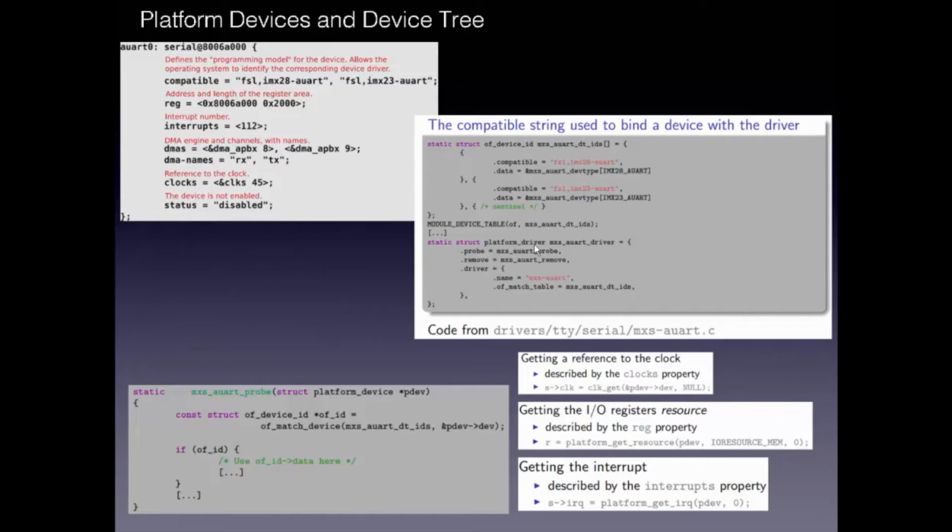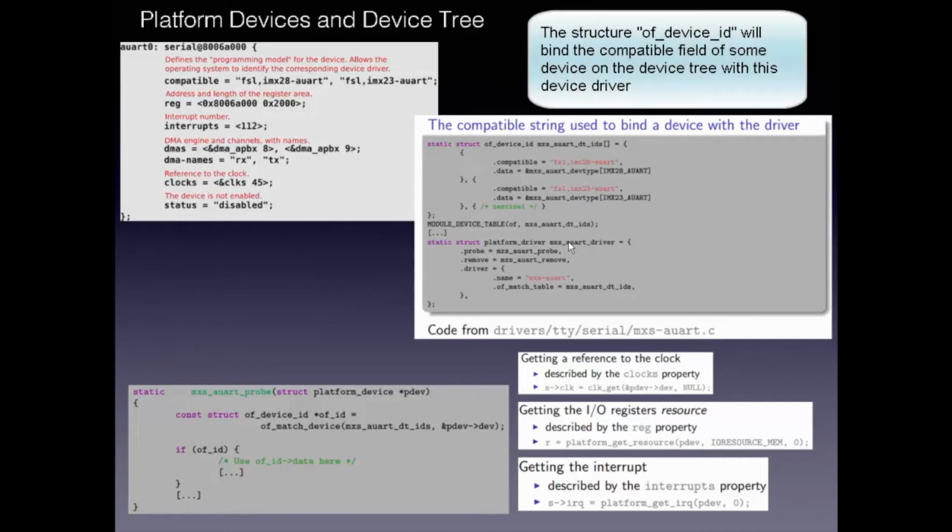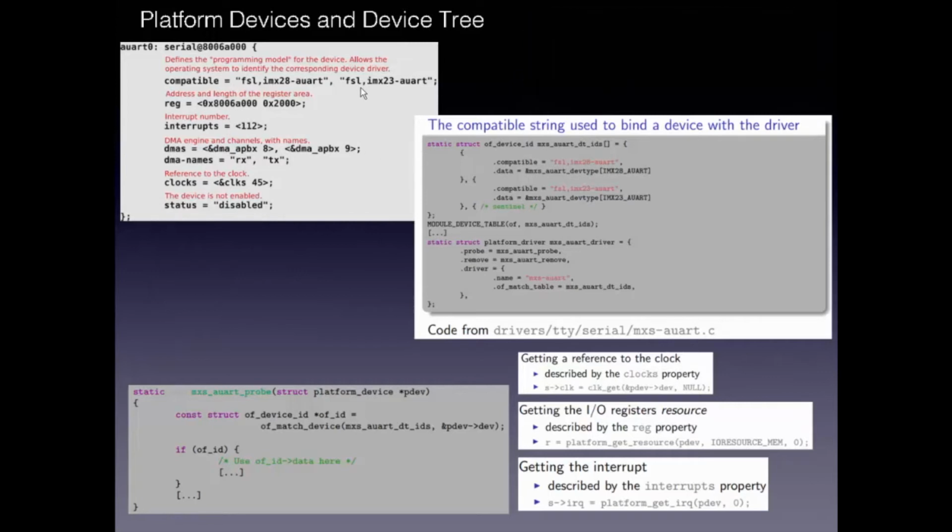When you create the device driver to control this hardware, you need to have this platform driver structure that points to the callbacks of probe and so on, and you need this device ID structure where you say which hardware this device driver will control. This compatible field needs to match the compatible field that you have in your device tree.